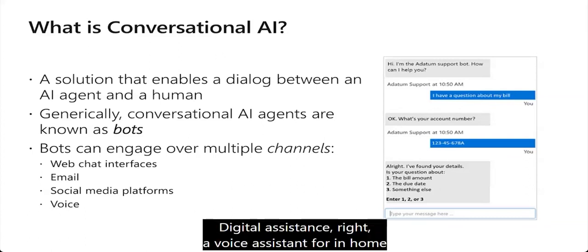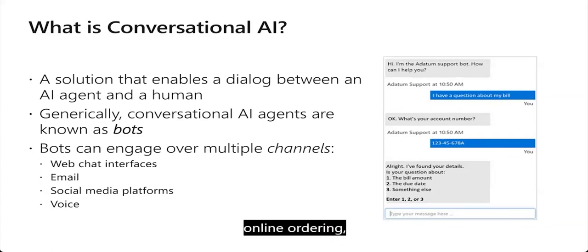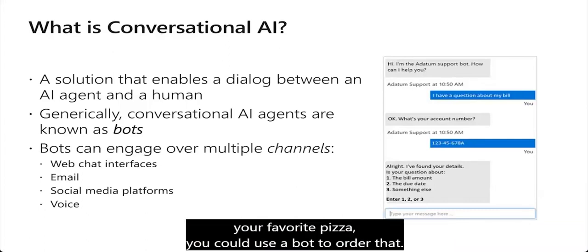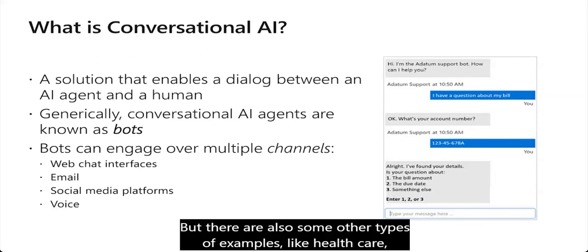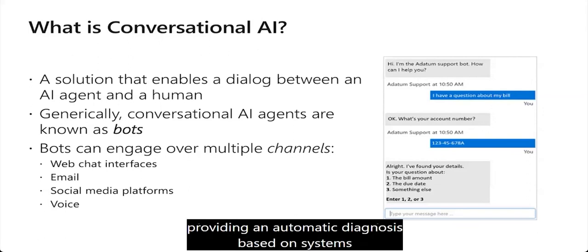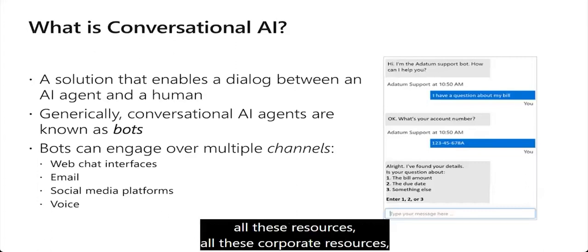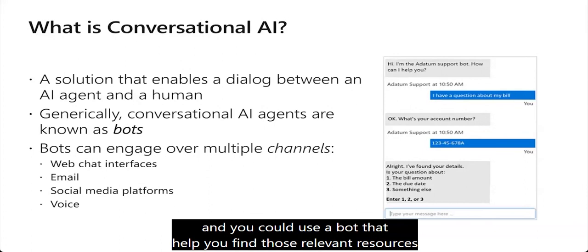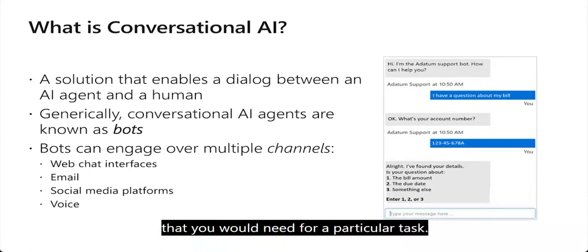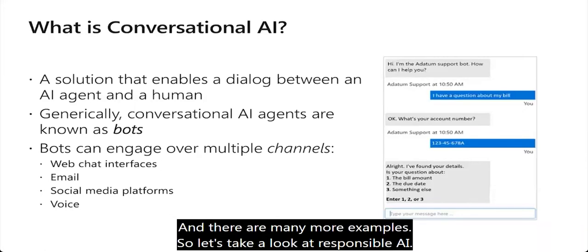Digital assistants, right? The voice assistant for in-home, online ordering, your favorite pizza, you can use a bot to order that. But there are also some other types of examples like healthcare, providing an automatic diagnosis based on systems, or office productivity, right? If you work in a large company, you have all these corporate resources, and you could use a bot that helps you find those relevant resources that you would, for instance, need for a particular task. And there are many more examples.